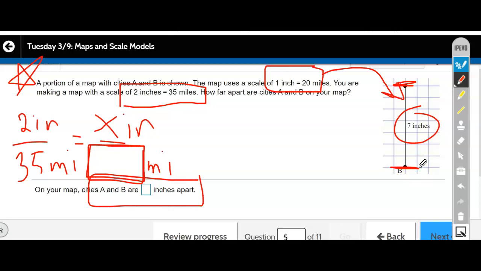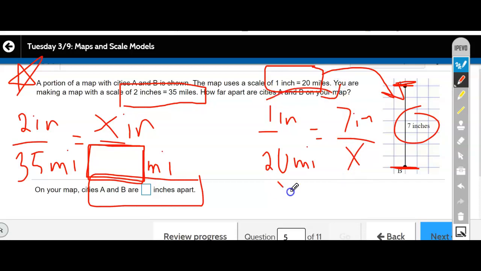So I'm going to use their scale, their map, to figure out how many miles they are apart. So that's 1 inch over 20 miles equals 7 inches over what? That we don't know. So do it. 1 times 7, 20 times 7 is what?